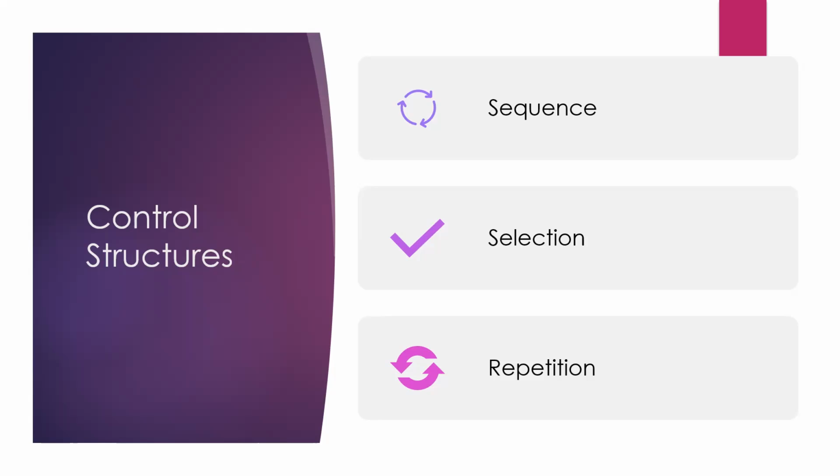So these three types of control structures define how a program executes, right?